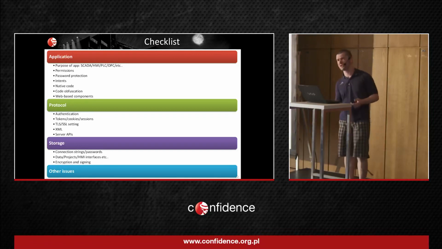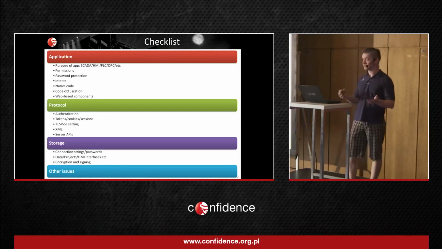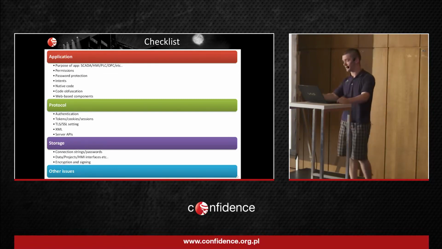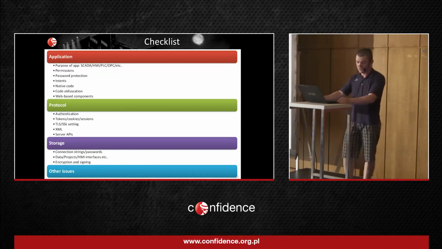How is the communication done? Are there any credentials used during the communication? Are there any tokens? Does the application use some insecure protocol, or how is certificate pinning organized, etc.? And also, what information is stored on the SD card?